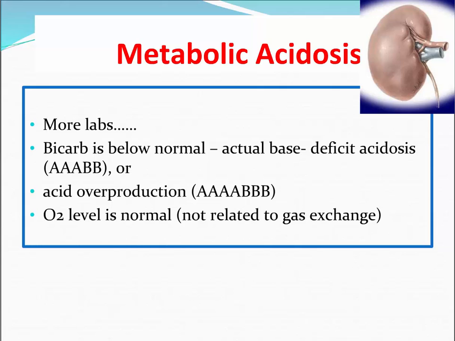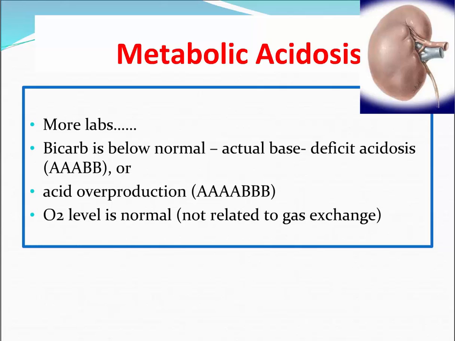This is just a little closer look at some causation behind metabolic acidosis. As we talked about, it could be because the bicarb is below normal, and that's usual. That's what Iggy calls an actual base deficit acidosis, represented by, she'll put down 3 A's and 2 B's to represent an actual base deficit.